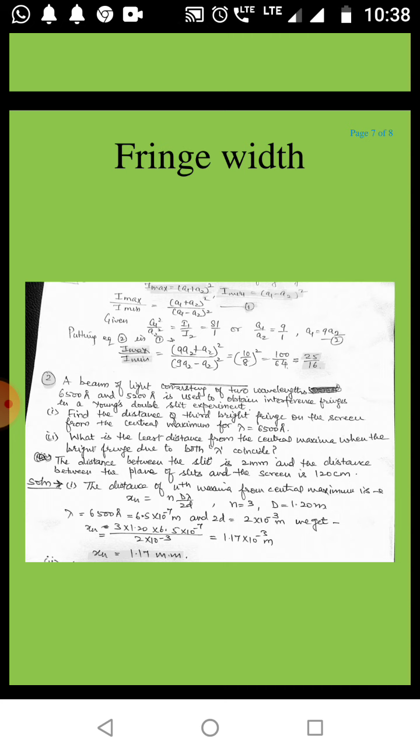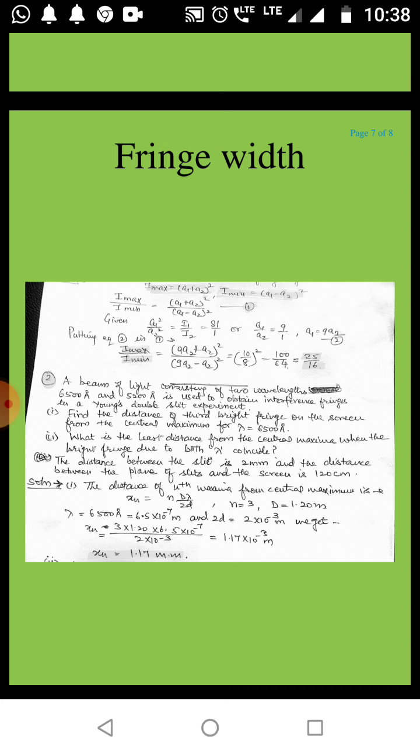D is equal to 1.20 meter, because capital D is given in the question as 120 centimeters. Lambda is given in the question also, λ is 6500 angstrom, which is equal to 6.5 into 10 to the power minus 7 meters, and 2d is equal to 2 into 10 to the power minus 3 meters. By putting all these values, we can get the value of xn.